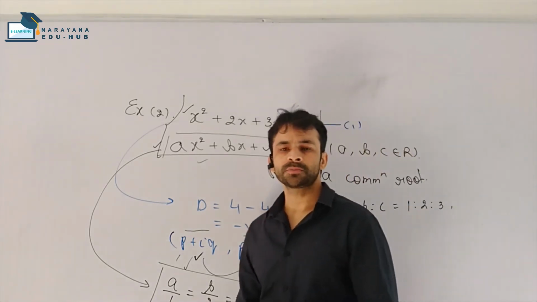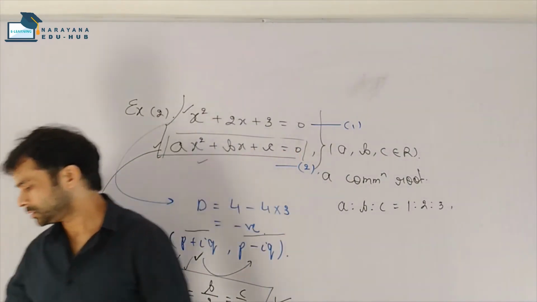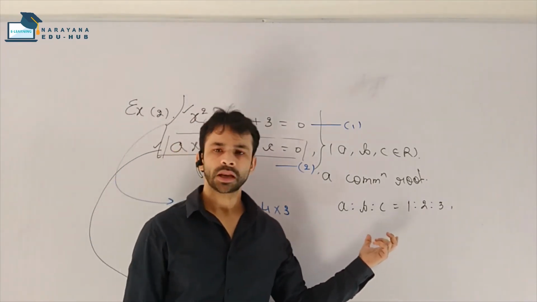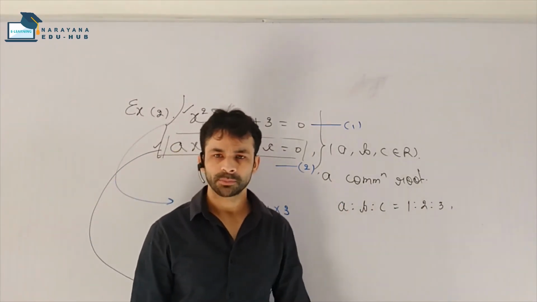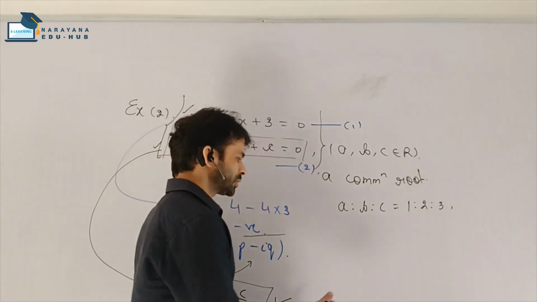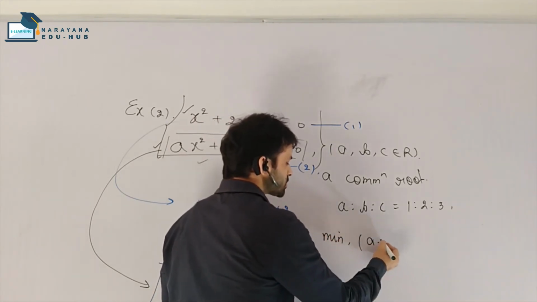Now in some problems they can add a few lines. They can say, if a, b, c are natural numbers, then what will be the minimum value of a plus b plus c.